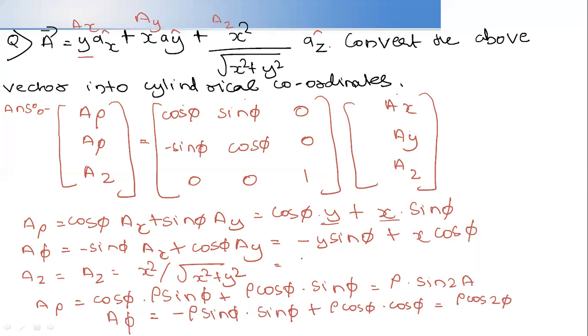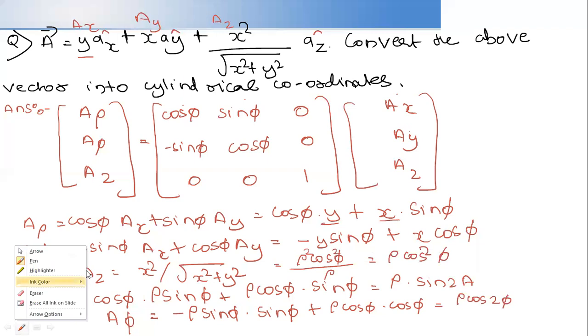What will be x? Rho cos phi. And what is root of x square plus y square? Rho. So rho square cos square phi by rho, so that is rho cos square phi. So we got all the coordinates. I'll write it down here itself.